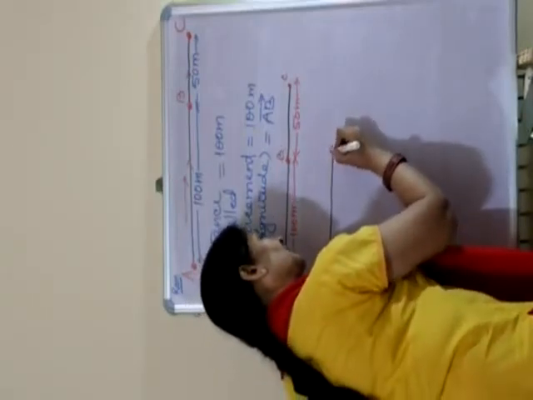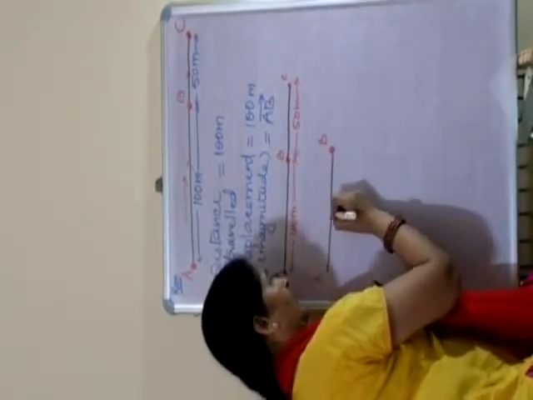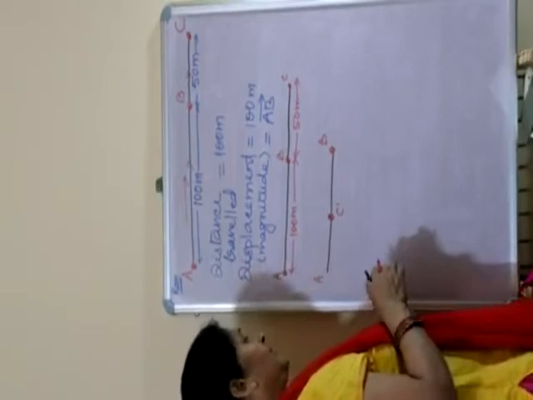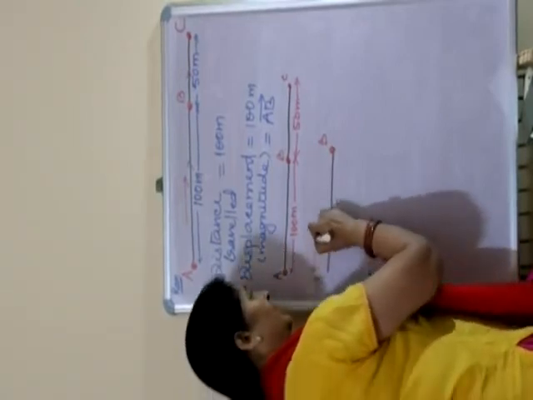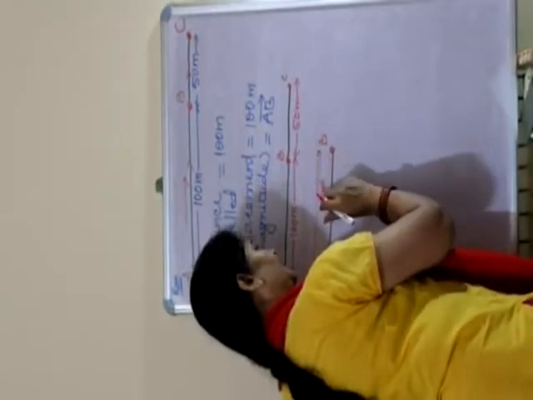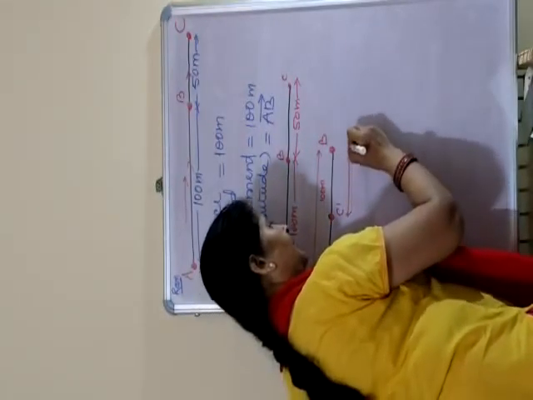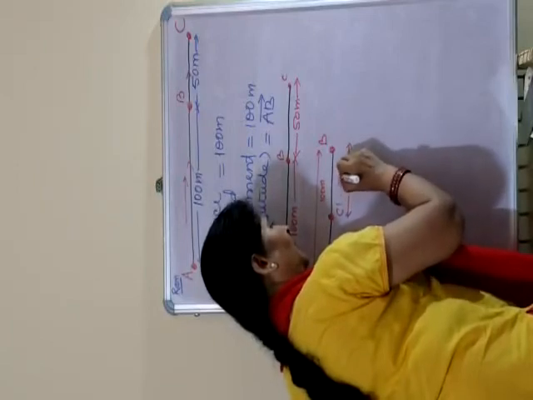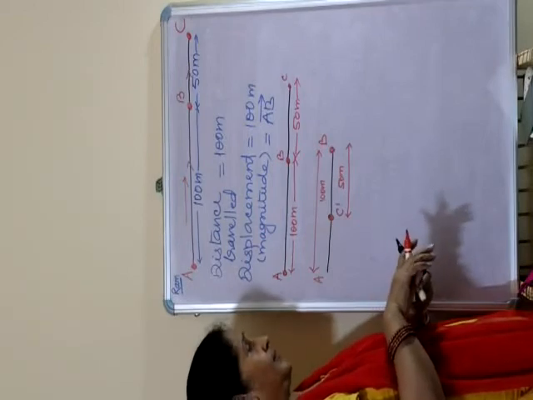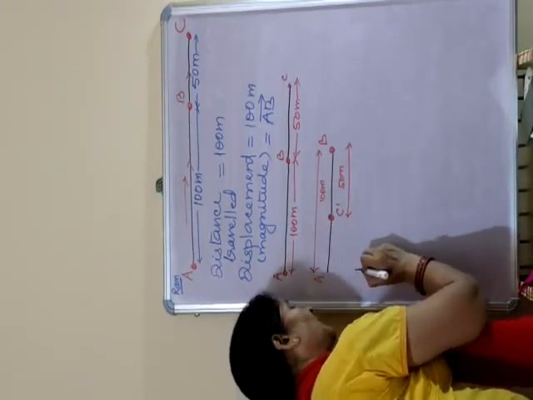This distance is 100 meters and this distance is 50 meters. In the second case, the distance traveled and displacement will be the same.